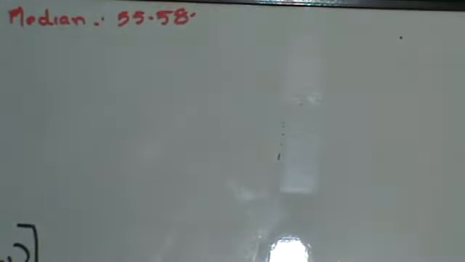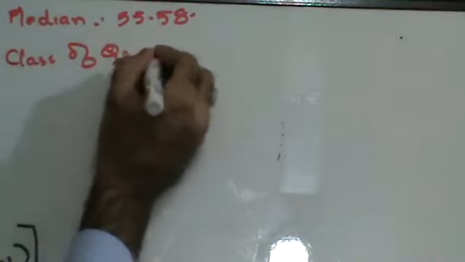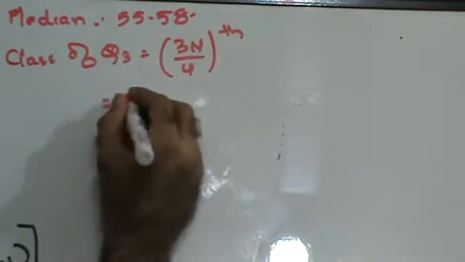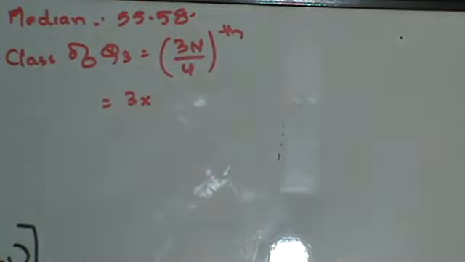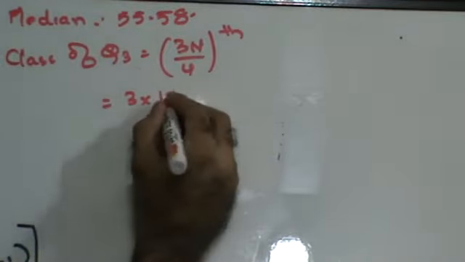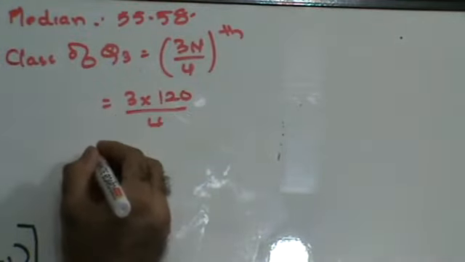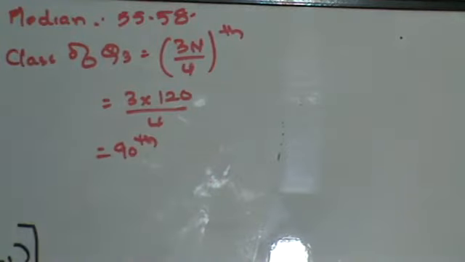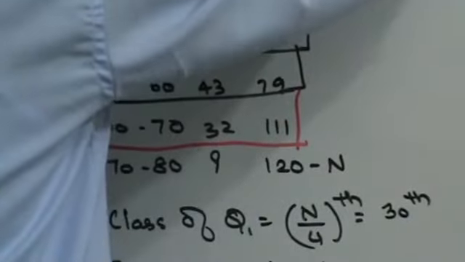Then find Q3. The class of Q3 is the 3n by 4th term, that is 3 into 120 by 4, the 90th term. See the table please. 90 is less than 111 in the CF column.